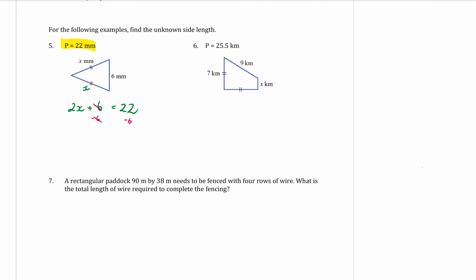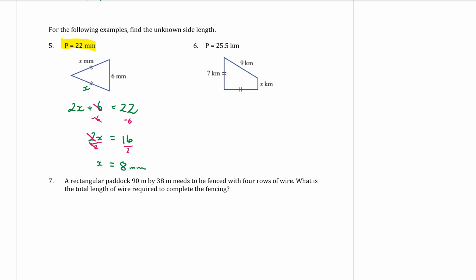So I get 2x equals 22 minus 6, which is 16. Then I want to divide by the 2, get rid of that, and x would be equal to 8. Okay, so x is 8 millimeters in that diagram.